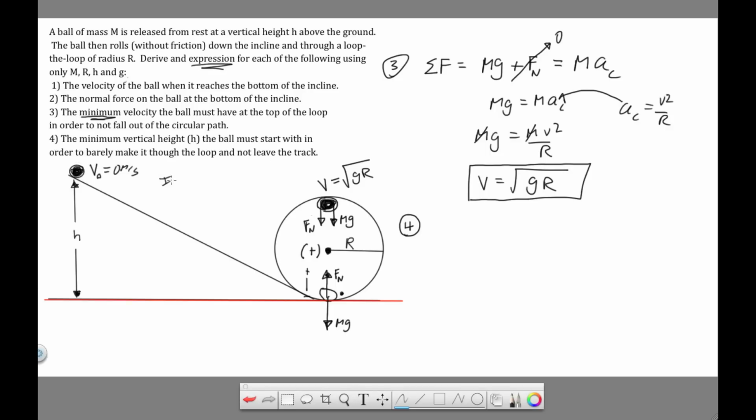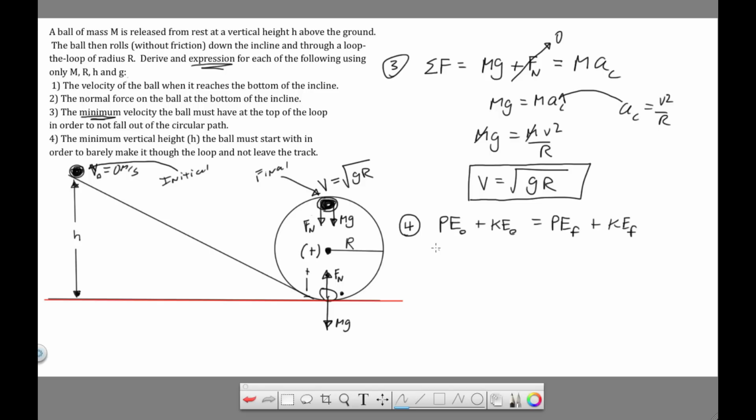So conservation of energy: potential initial plus kinetic initial equals potential final plus kinetic final.